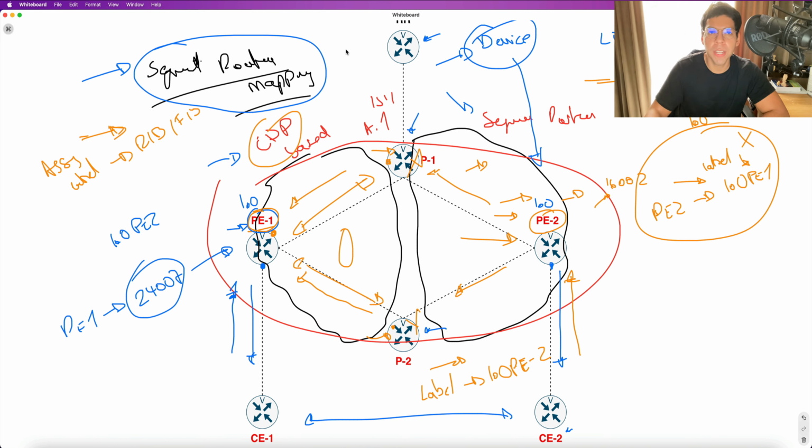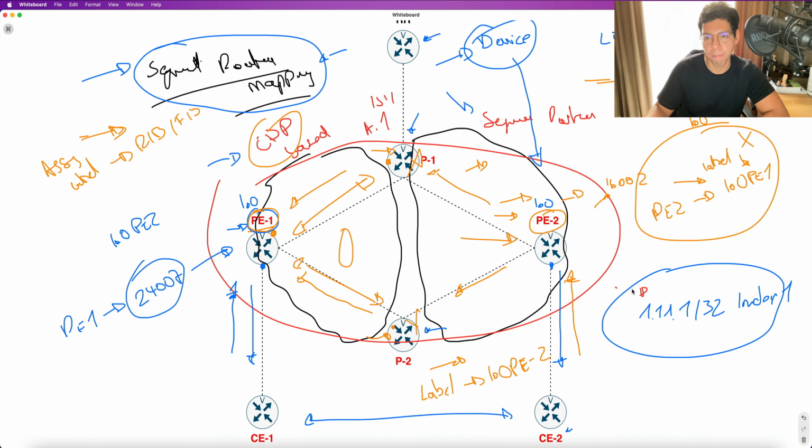And we need to configure that device and tell it, hey, for this specific IP, for example for the loopback 1.1.1.1/32, I want to assign an index value of 1. So I configure this in the mapping server, and I say that for the loopback 1.1.1.1, the index value it will have in the segment routing domain will be 1.